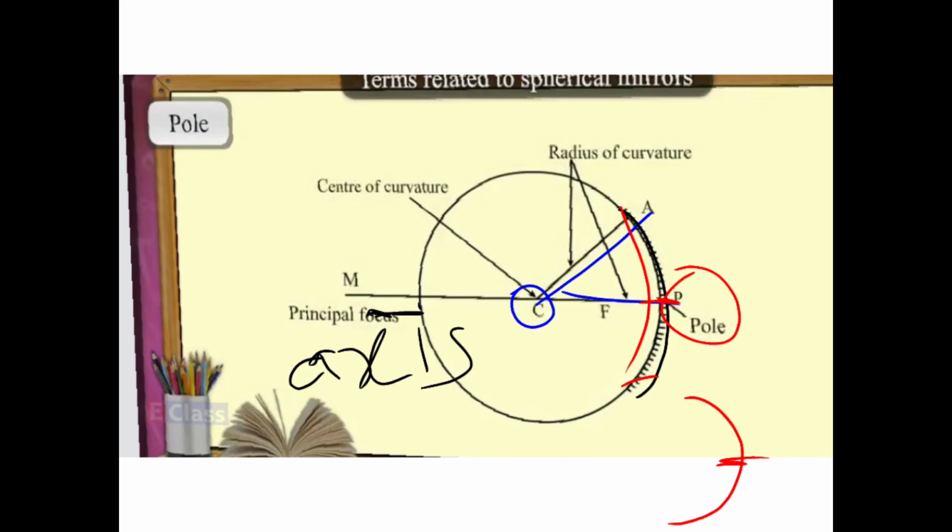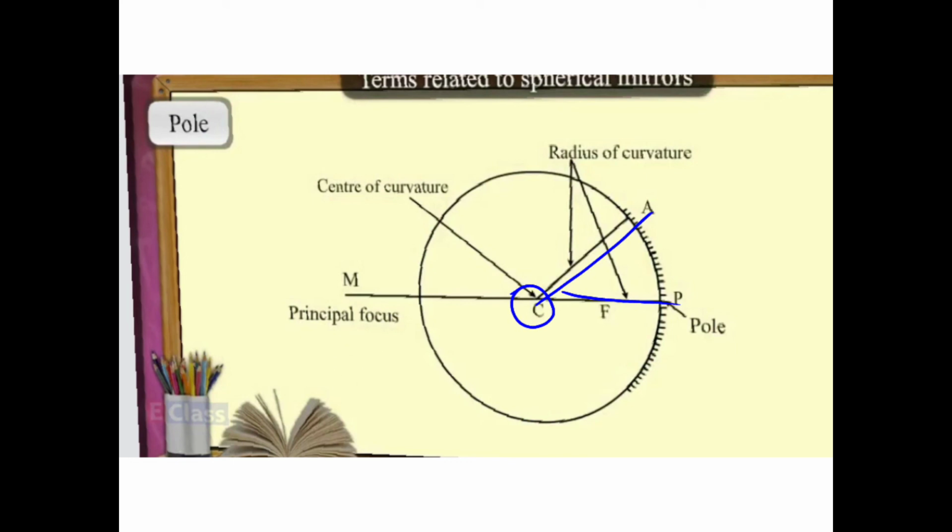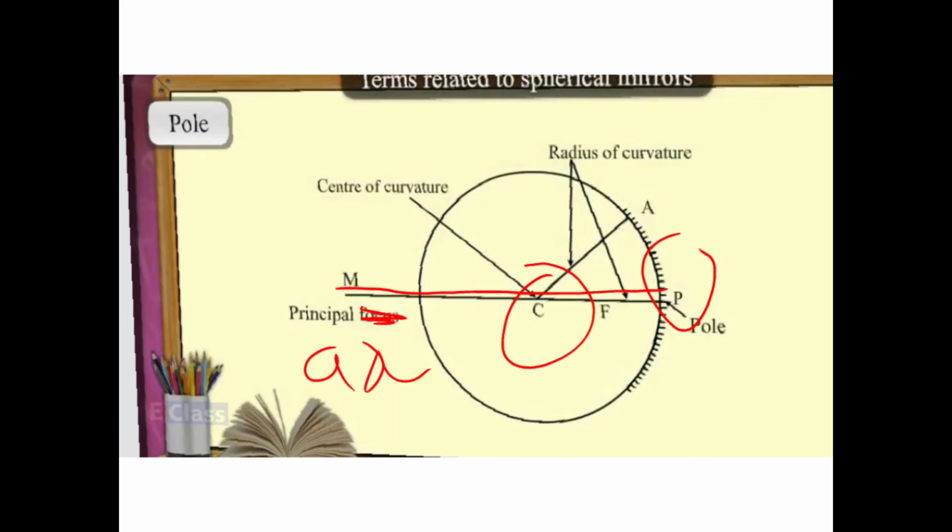I will repeat once again. The line joining the pole and the center of curvature of the mirror is called the principal axis.